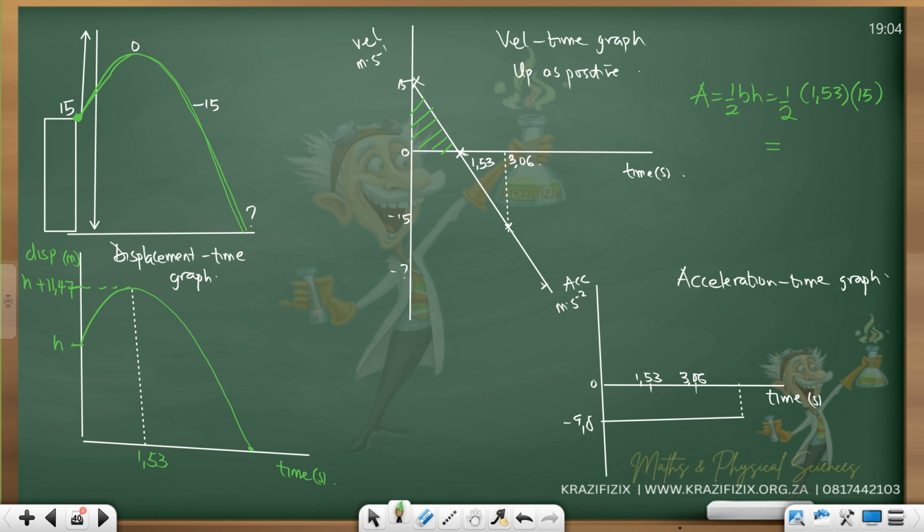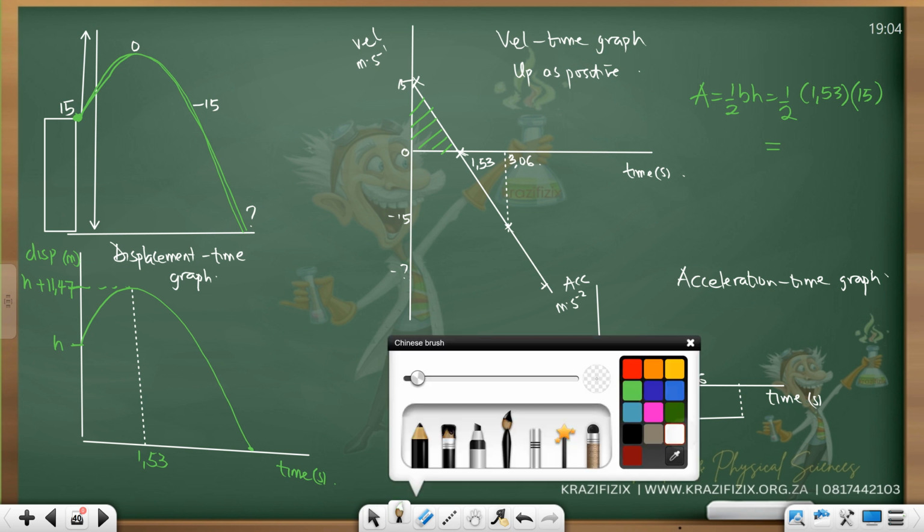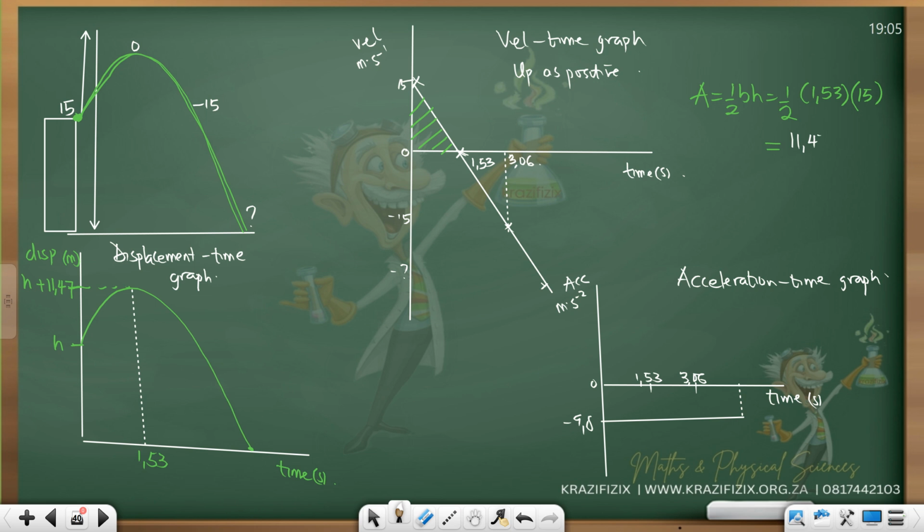You can't get 22. You're supposed to get 11 point something. 11,47. Did you put half? 11,4. Do you remember that value? That was the maximum height. Check here, my good learners.